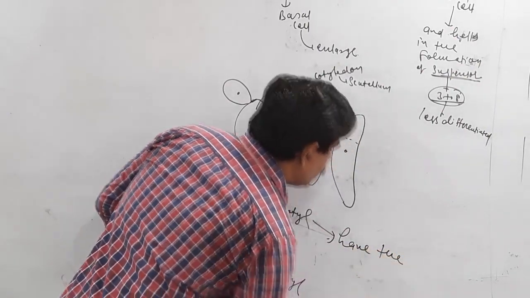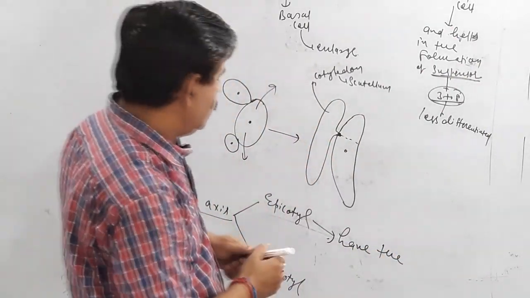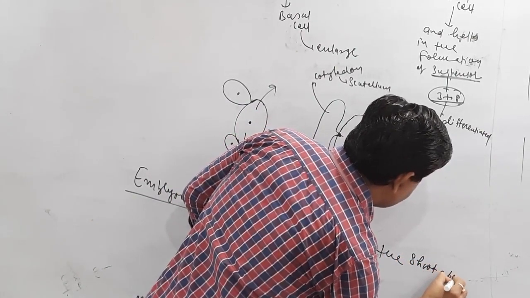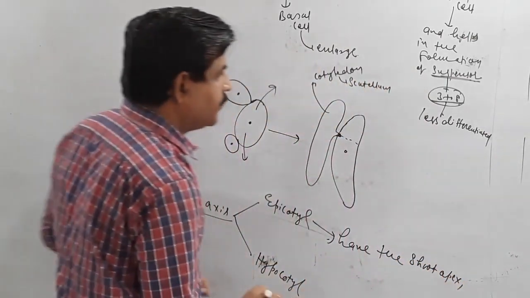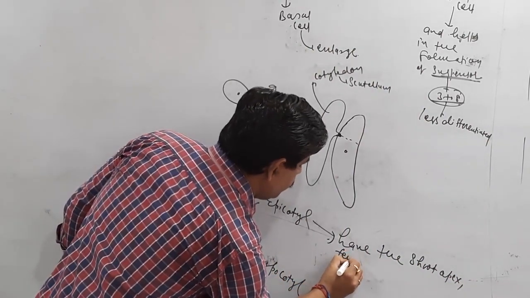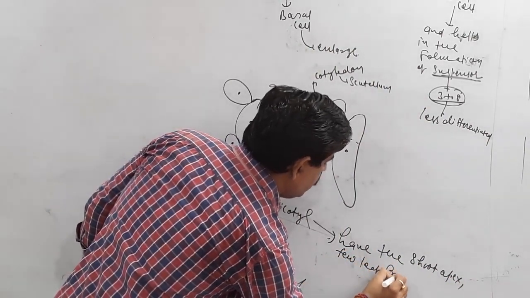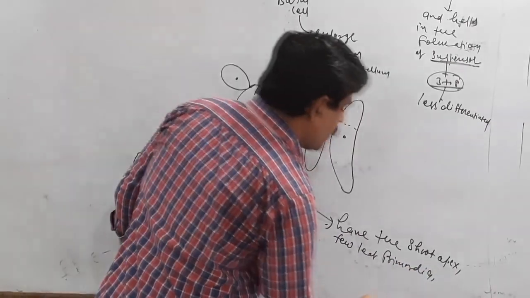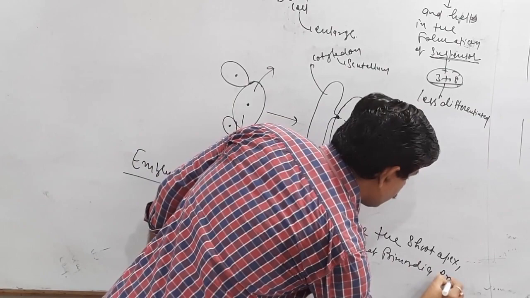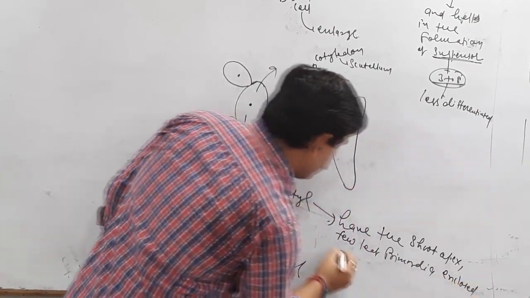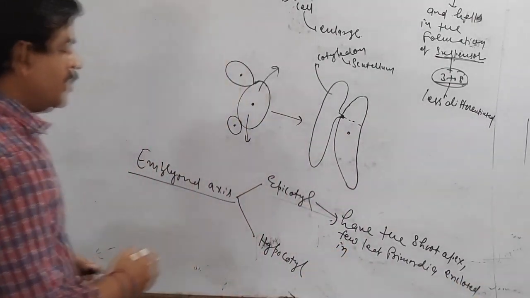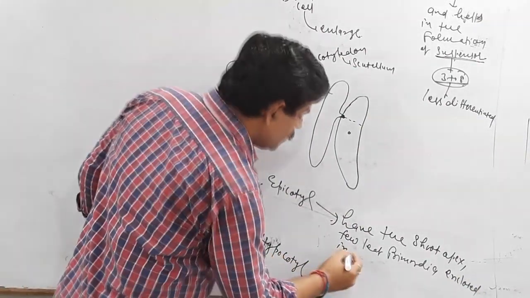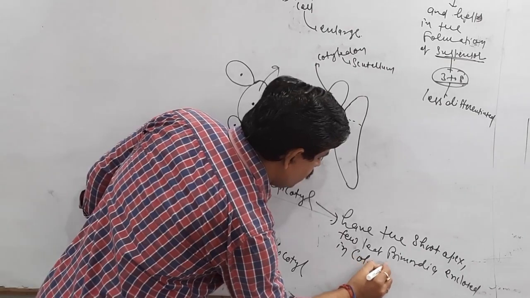has the shoot apex, few leaf primordia, and enclosed in coleoptile.